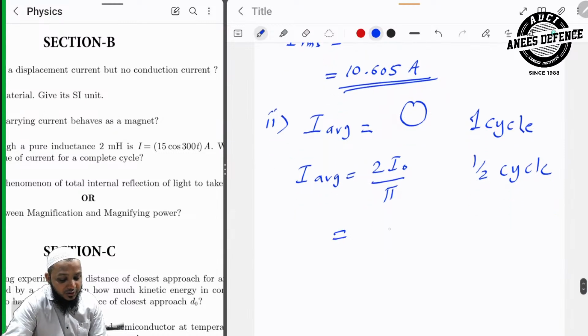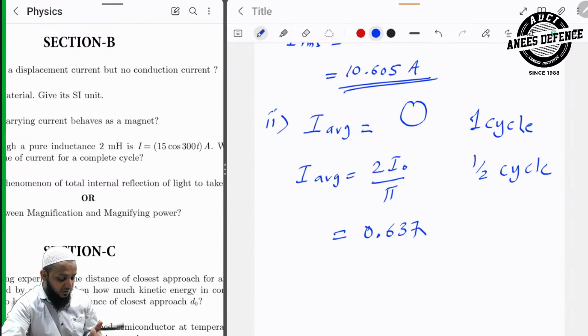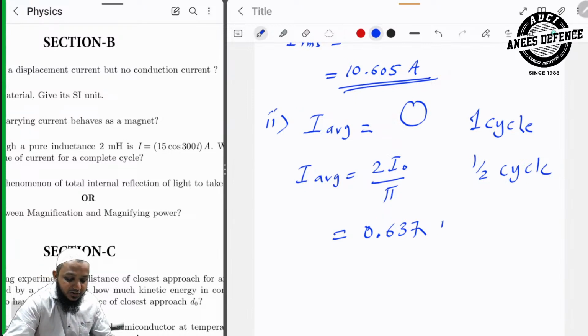Shortcut. 2 by pi, the value of 2 by pi using a calculator, you can see it is 0.637. Let me check. It is 2 divided by 3.141. Yes, 0.637. This I naught as it is.